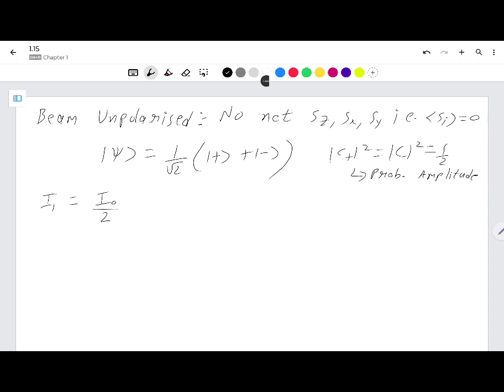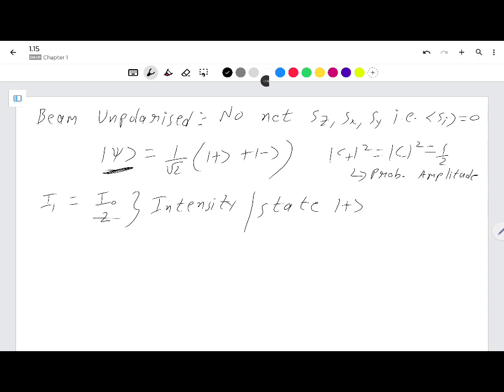The first intensity is half of the initial intensity of the atoms, and from this psi state, it becomes only a plus state with this much intensity.